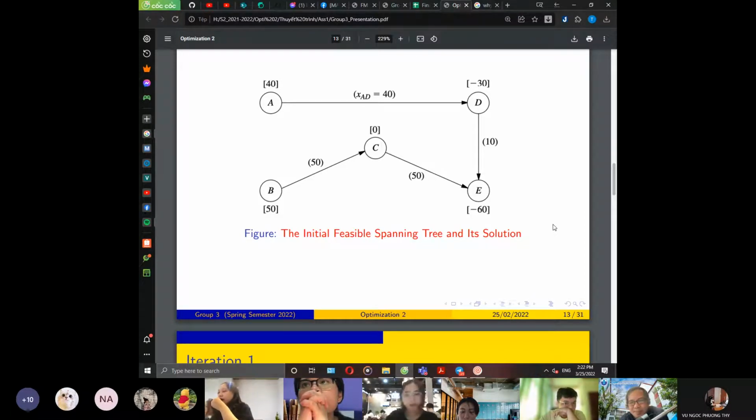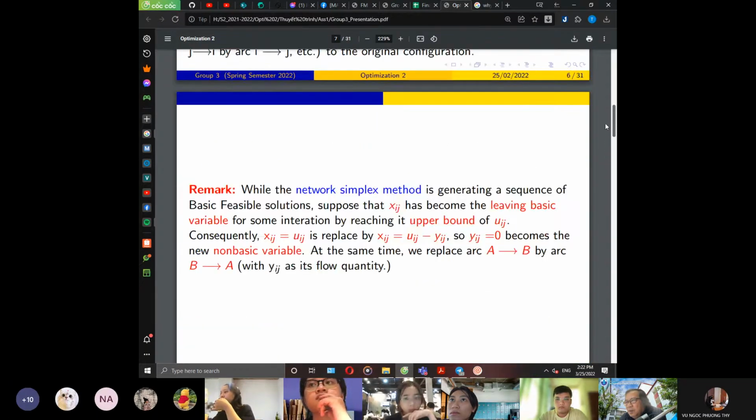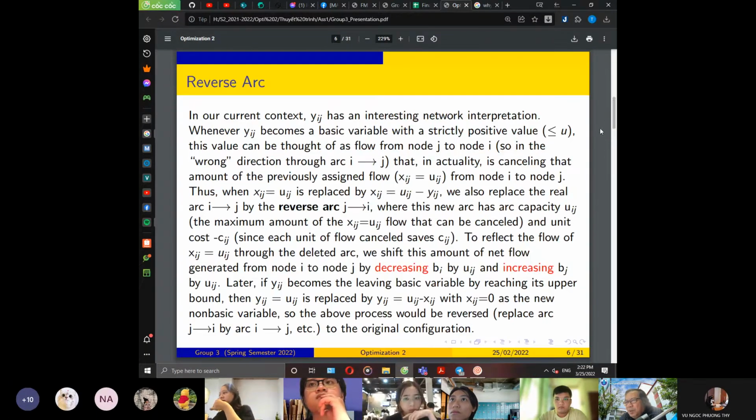An important remark about the reverse arc is that the network simplex method is generating a sequence of basic feasible solutions. We suppose that xij has become the leaving basic variable for some iteration.